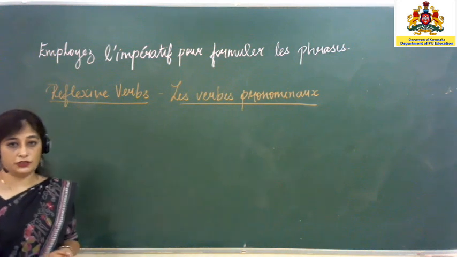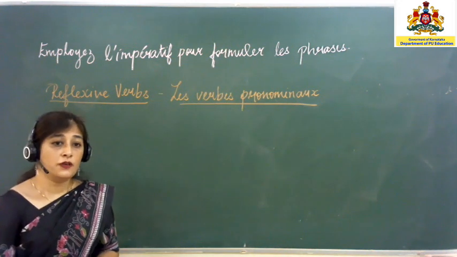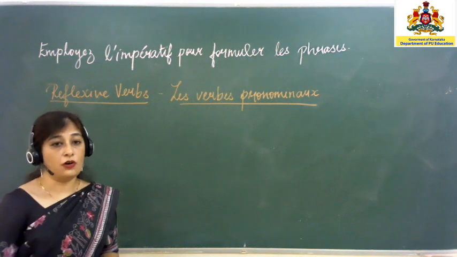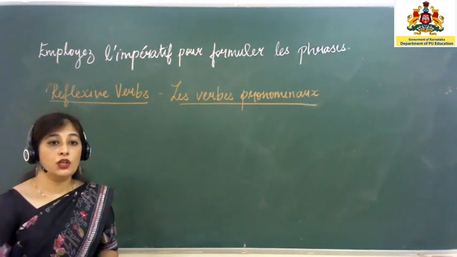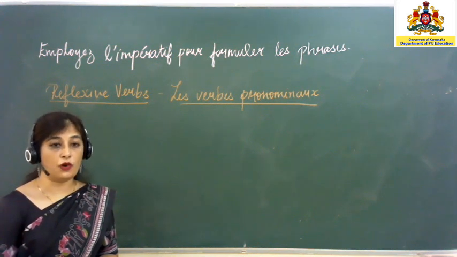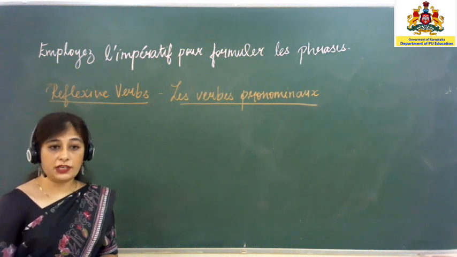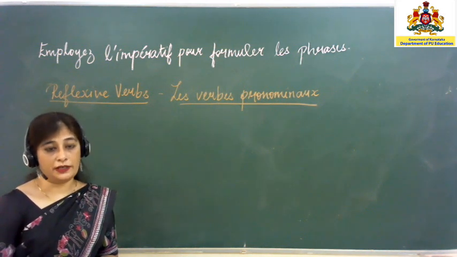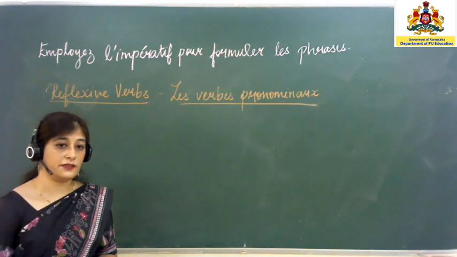Now we will continue the same topic, employer l'impératif pour formuler les phrases with reflexive verbs or les verbes pronominaux. So the beginning rules remain the same. Look for the unconjugated verb in the sentence. Remove all that is given before the unconjugated verb and change the verb to the imperative. Now over here, first you need to identify a reflexive verb.